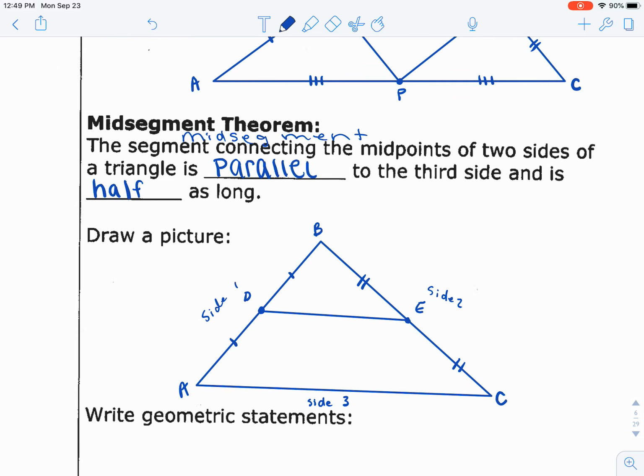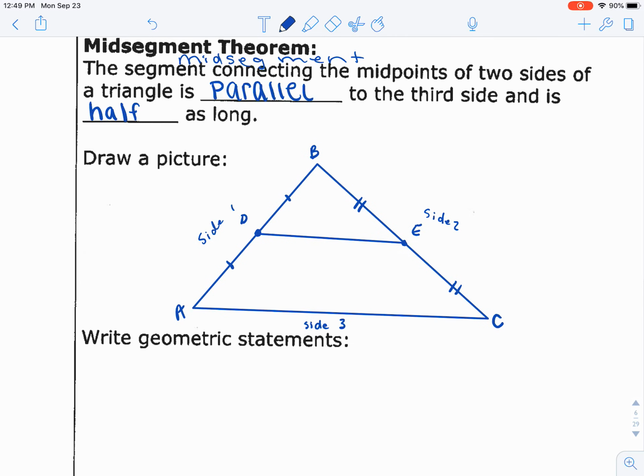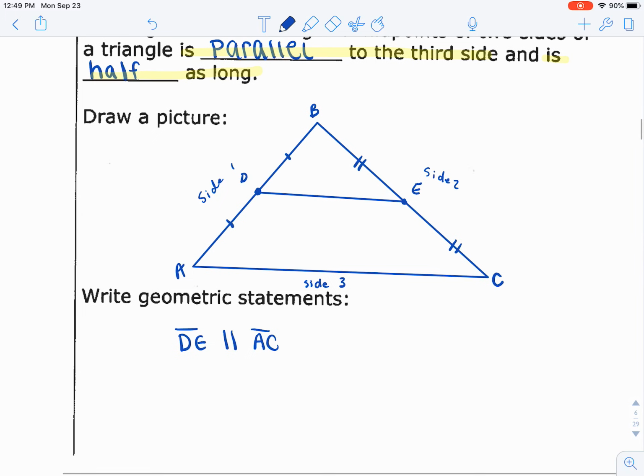So DE is parallel to AC. Now that is just one part of our theorem. The other part says that it is half as long. So if DE is half as long, that means DE equals half of AC.